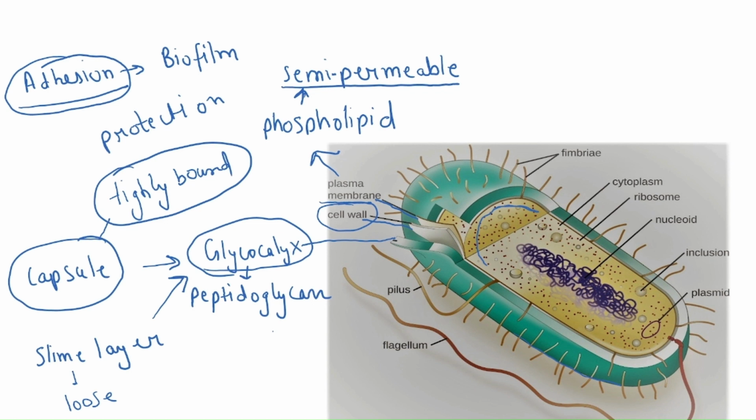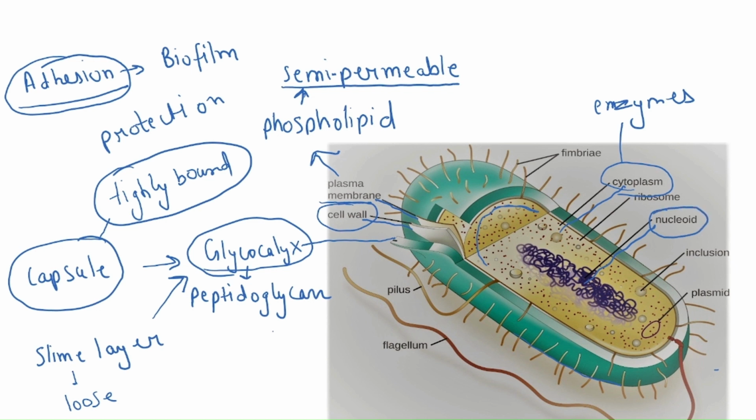After that, you can see the cytoplasm, this yellow colored portion. Cytoplasm is a gel-like substance that fills the cell. It contains various molecules: enzymes, ribosomes, nucleic acids, etc. After this cytoplasm, you can see the nucleoid. What is the nucleoid?